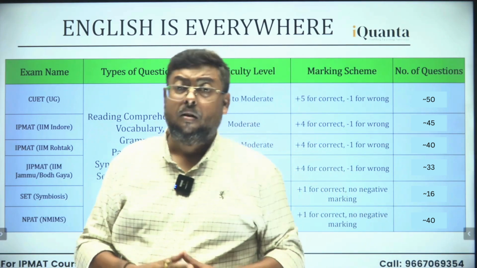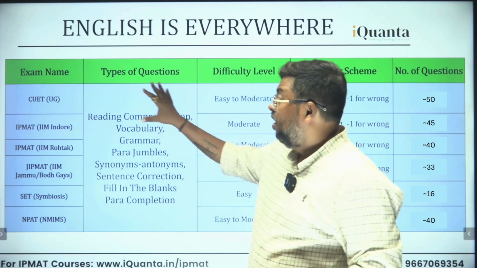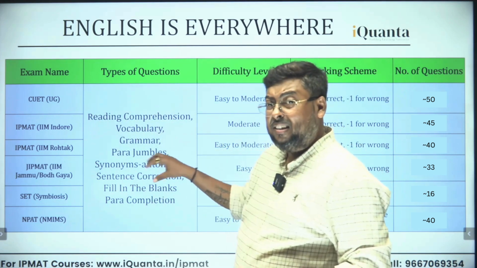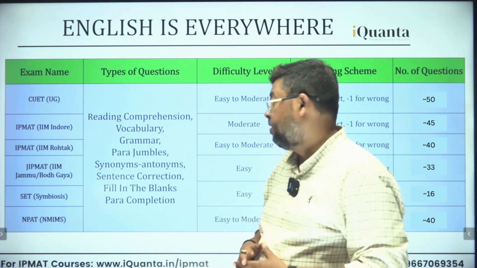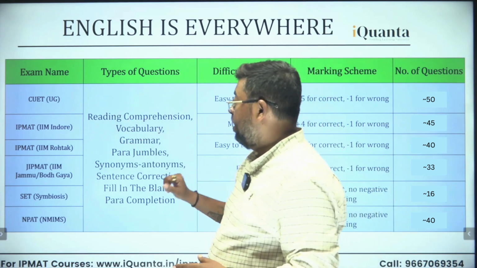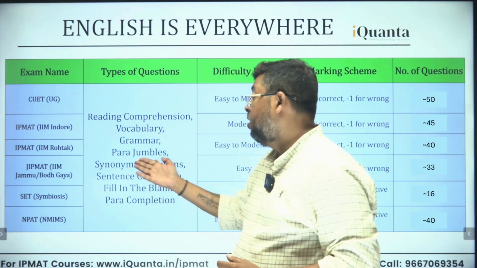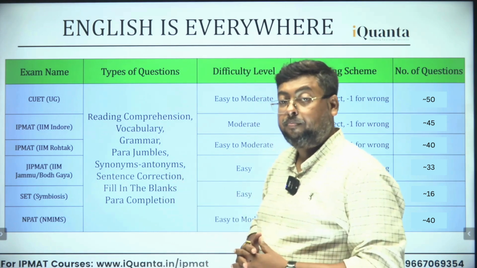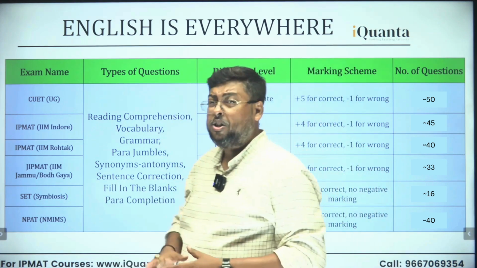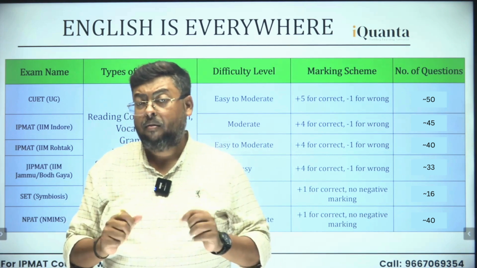More importantly, the type of questions is something similar across all of them, so I've grouped it in a single place: reading comprehension, vocabulary, grammar, parajumbles, synonyms, antonyms, sentence correction, fill in the blanks, and para completion. These questions may vary in degree and pattern.